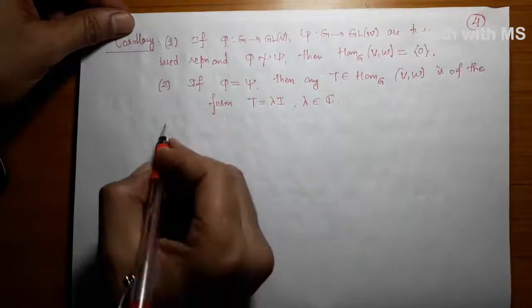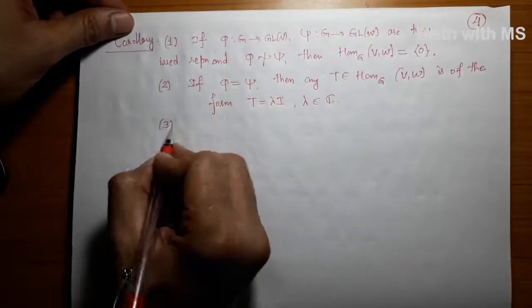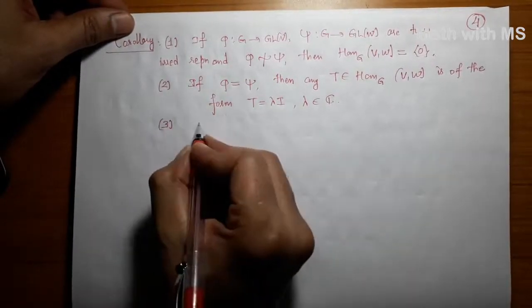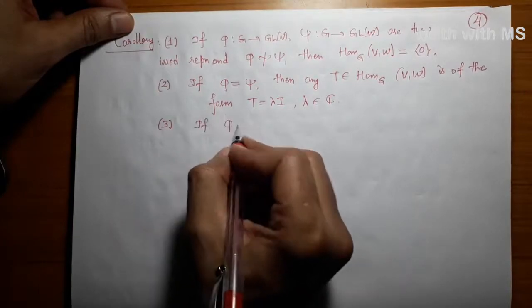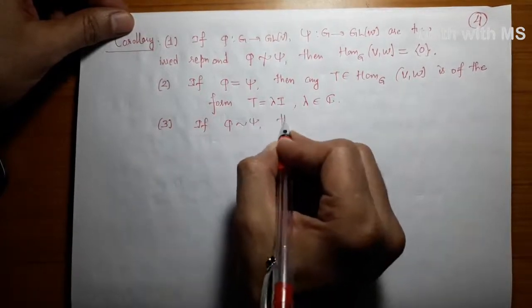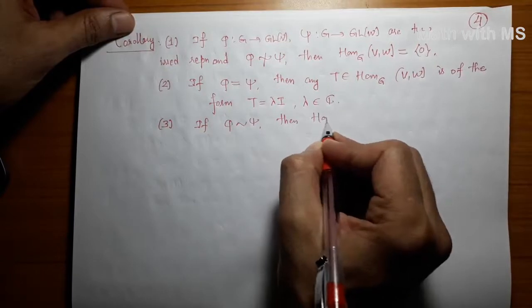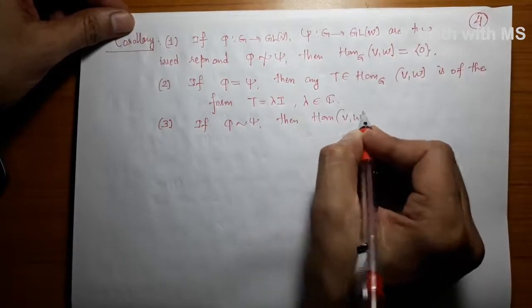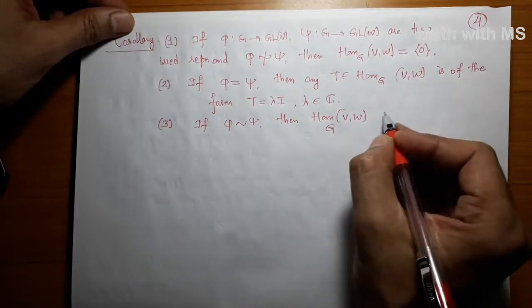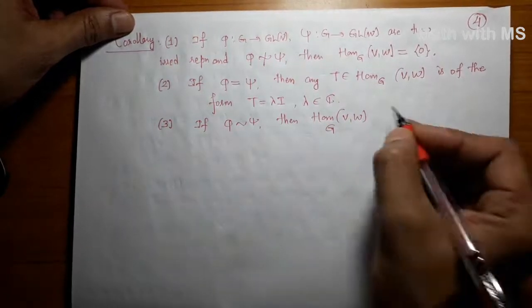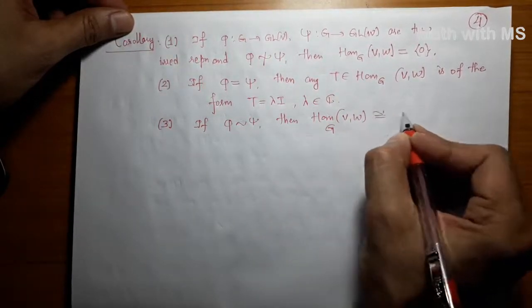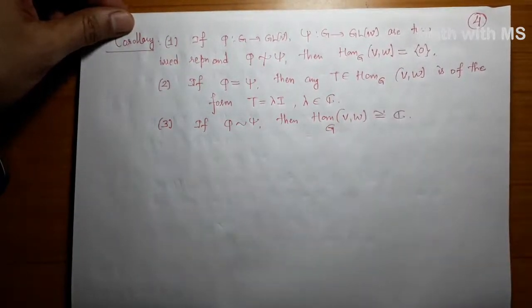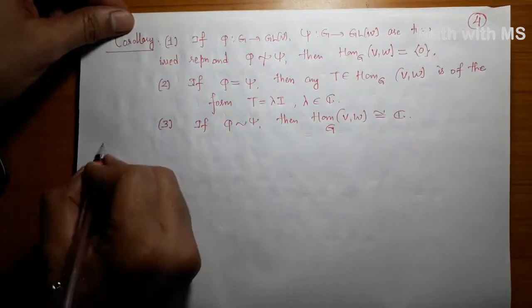Complete description. Okay, and third point, if phi is equivalent to psi, then what is this vector space of morphisms from V to W? This vector space is just a one dimensional vector space. Okay, it is isomorphic to C. Let us prove them.